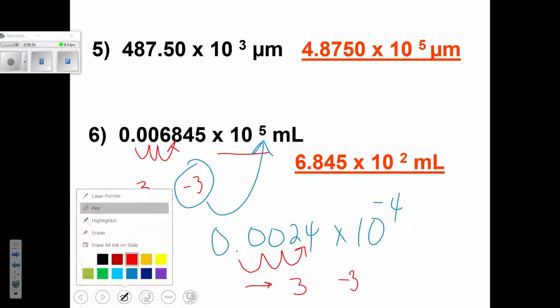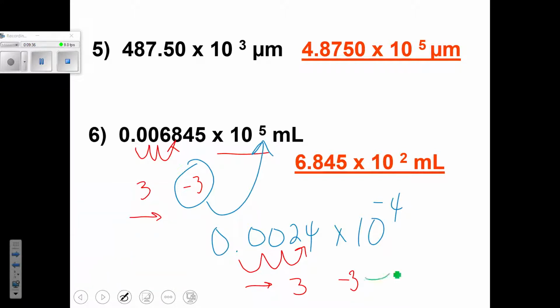If I come in here and I combine -3 and -4, pay attention to your signs like you do in math. -3 and -4 combine to give you -7. So then you would have 2.4 times 10 to the -7 on that example in particular. It's supposed to be a multiply sign.